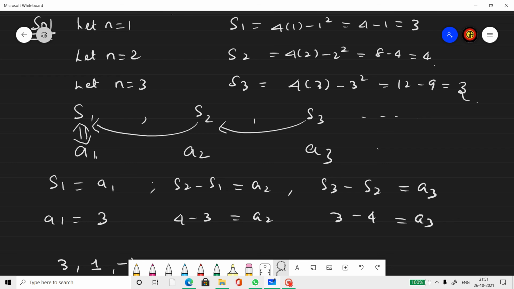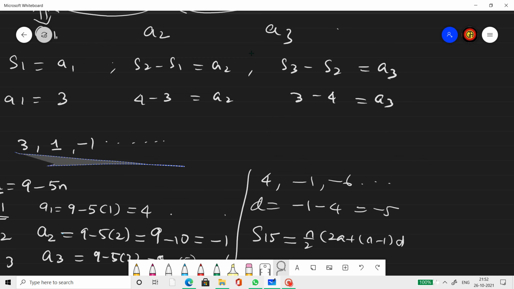S2 is actually a2 plus a1, and S3 is a1 plus a2 plus a3. So S1 is a1, S2 minus S1 is a2, S3 minus S2 is a3. So we find the first term, the second term, and the third term. That means we know the first three terms of the series.